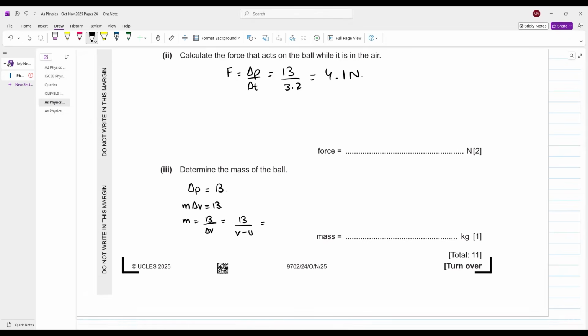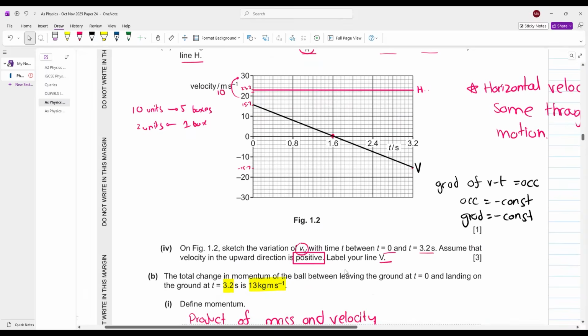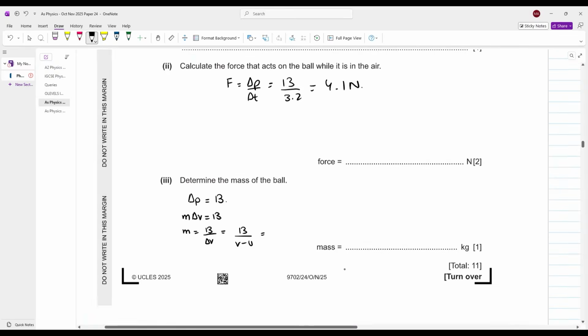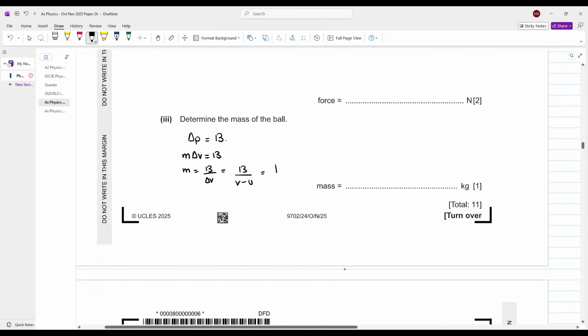Beta, can you realize your final vertical velocity is negative 15.7? Your initial vertical velocity is positive 15.7. So, what will you say? 13 divided by negative 15.7 minus 15.7. What does your mass comes out to be?